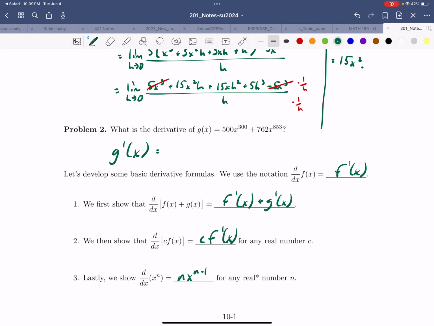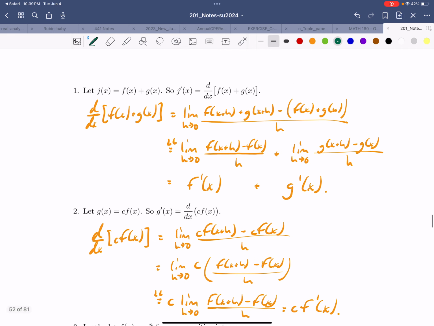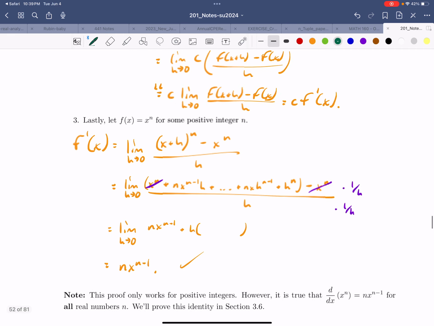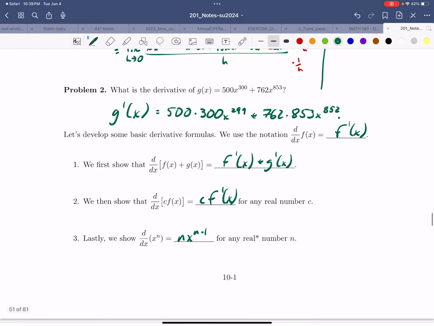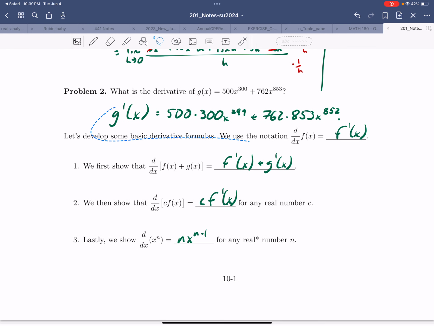It's going to be nasty, but it's just 500 times 300 x to the 299 plus 762 times 853 x to the 852. It would take a minute to simplify that, but taking the derivative was actually very straightforward. It wasn't really any harder than any of these problems we did. So the power rule is very, very nice. It works very, very well.